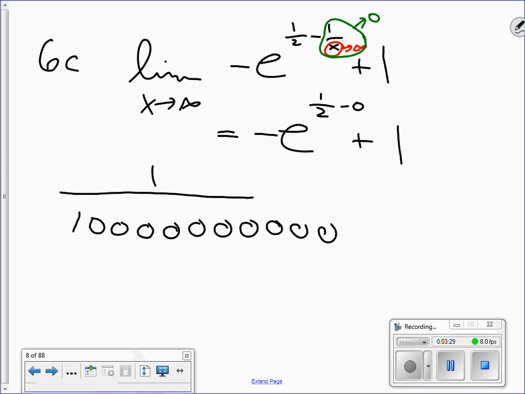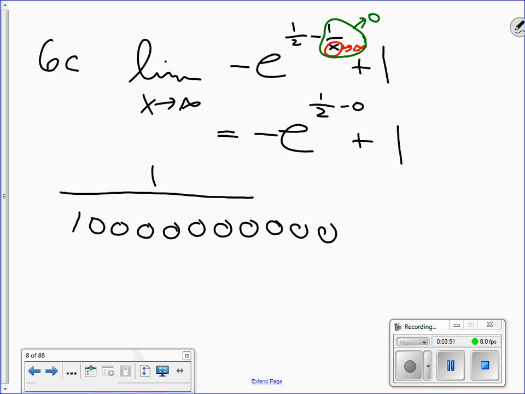If it was to negative infinity, that would be the same thing, because it's 1 over e to infinity.